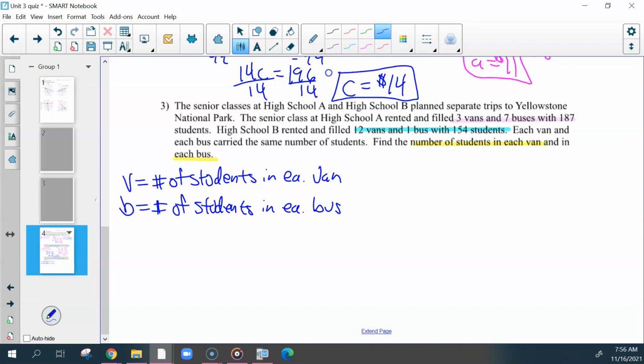If you just say students in van, students in bus, you don't really know if you're talking about number, or you're talking about characteristics. It could be anything. To be very specific.